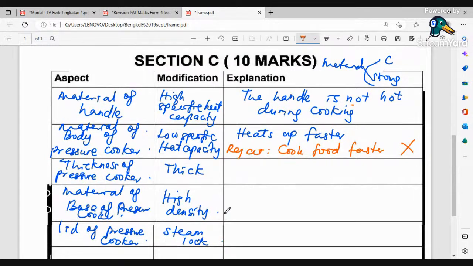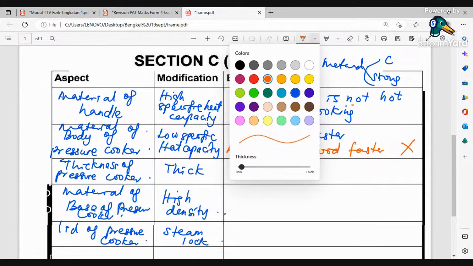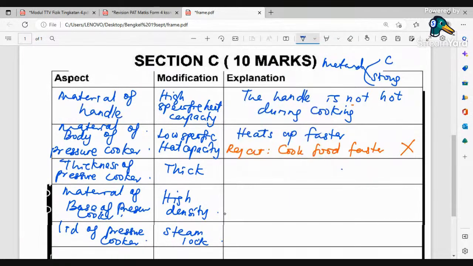Okay, thickness is to withstand high pressure, because during cooking the pressure is very high. To withstand high pressure, otherwise it breaks easily.